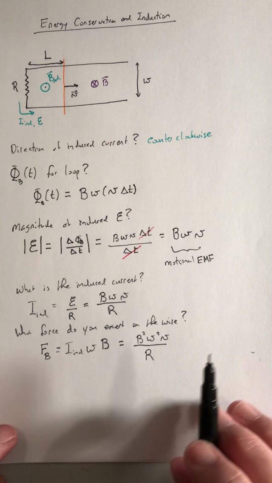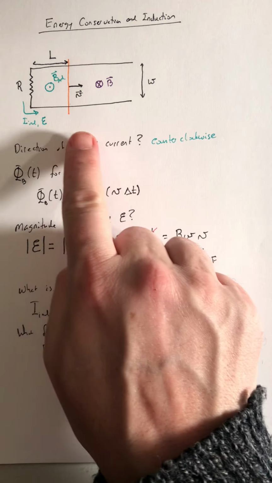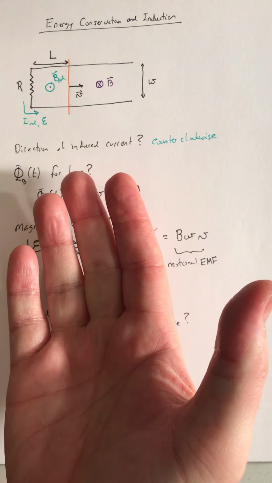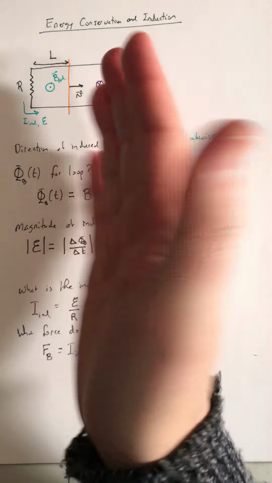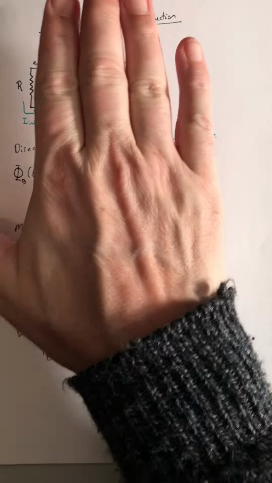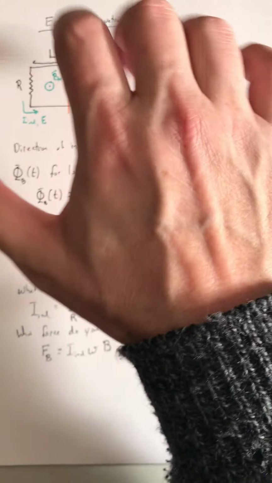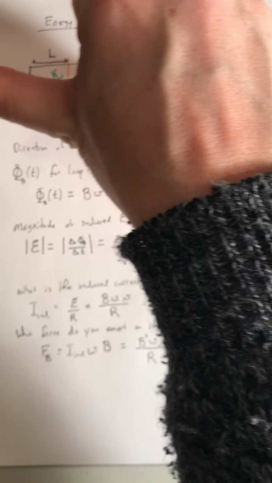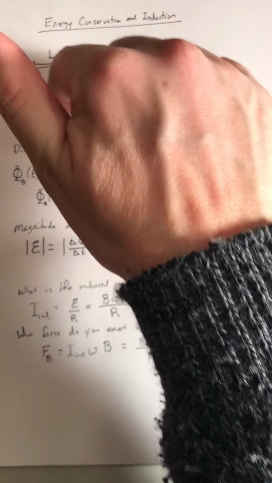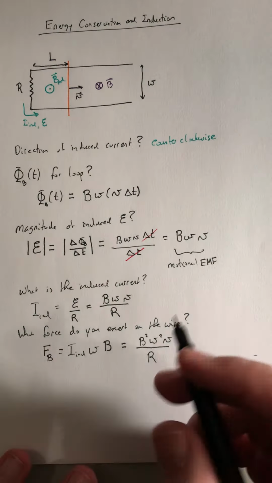That magnetic force, we work it out, it's going to be a current that's flowing up the page. So IW is pointing up, applied magnetic field is in, so the magnetic force on this slider is to the left.